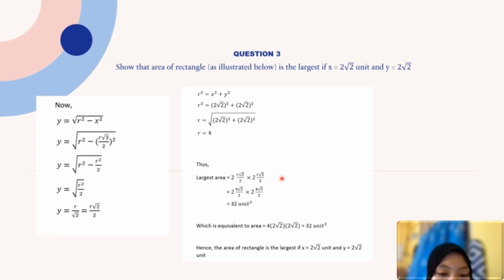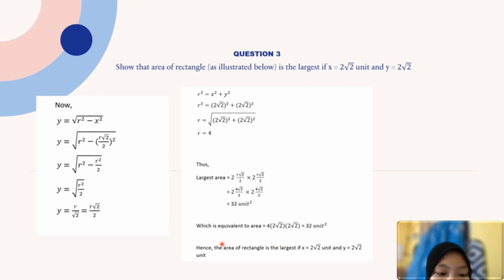So the largest area that you will get by inserting the value from the previous equation, which is 2r√2 over 2 times 2r√2 over 2, and then you insert the value of r here, you will get 32 unit squared, which is equivalent to the area without using all the calculation, only using the units that are given in the question, we will get 32 unit squared also.